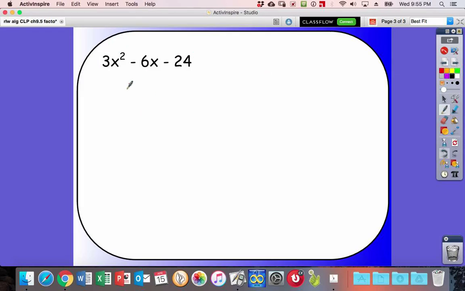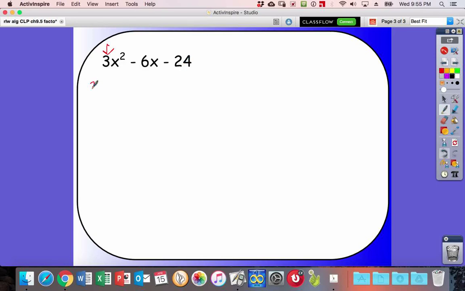This one, I'm very upset because this number is not 1, and honestly, we haven't gone over how to factor if the leading coefficient's not 1. So I'm going to see, is 6 divisible by 3? Yep. Is 24 divisible by 3? Yep.